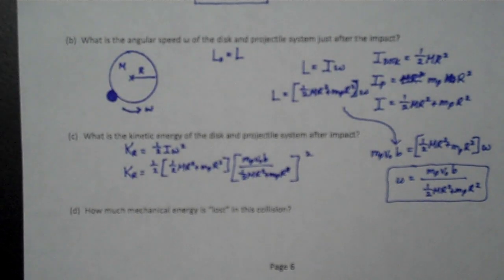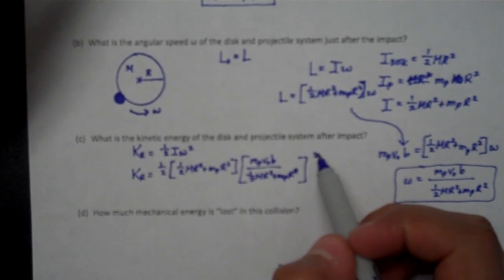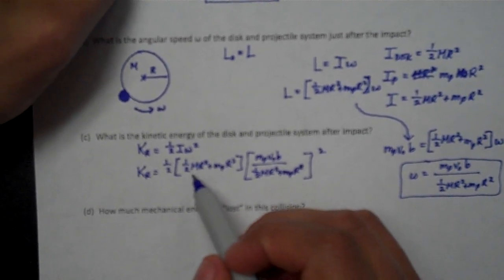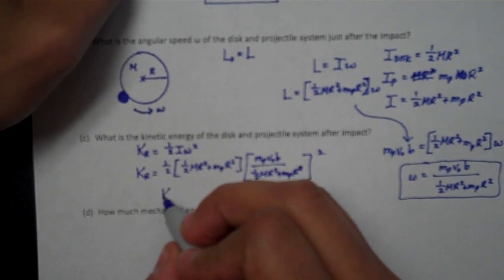Whew. Okay, so we got this special thing going on here, but a lot of stuff actually cancels out of this. For example, this denominator is going to be squared, but one of them will cancel with this piece right here, this I value.